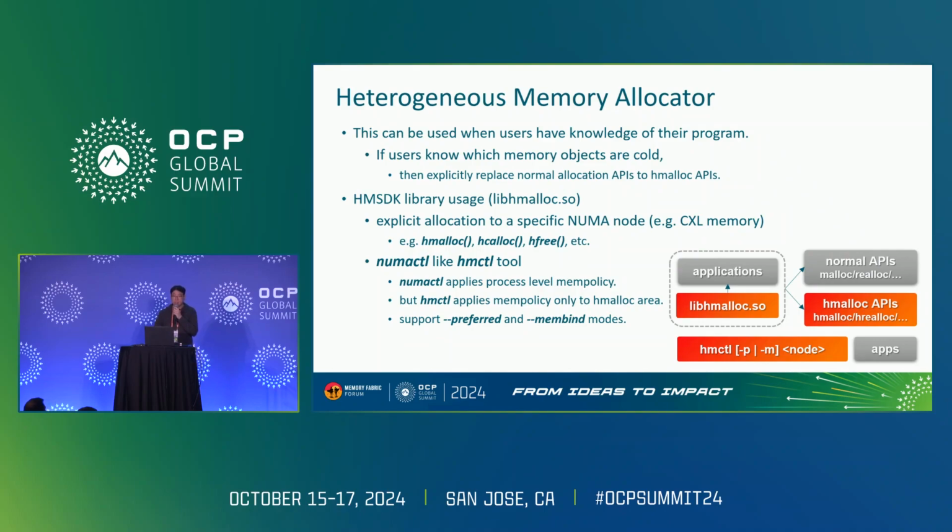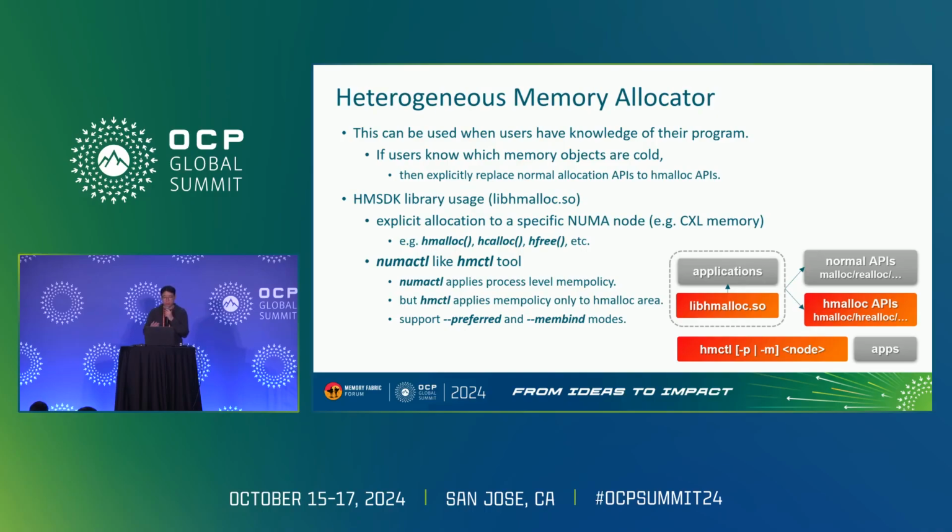HMSDK provides one library, called libhmalloc.so. It provides some of the hmalloc APIs, such as hmalloc, hcalloc, hfree. The interface is very much the same as malloc, calloc, free, but we can explicitly allocate some specific area to a specific NUMA node using this one.